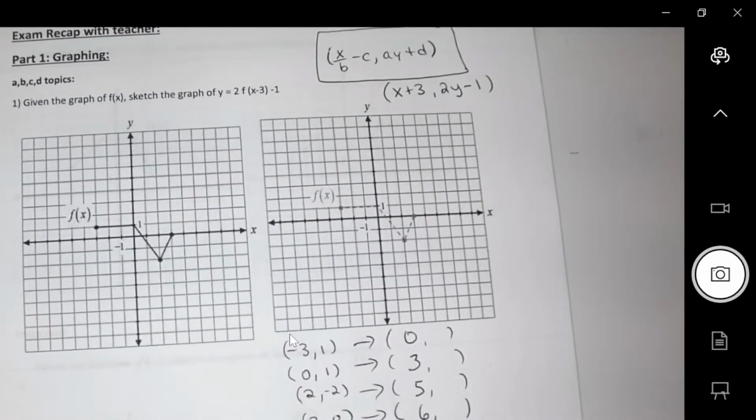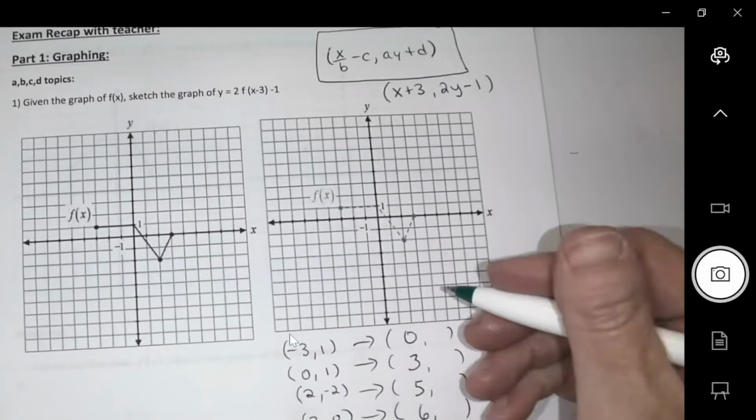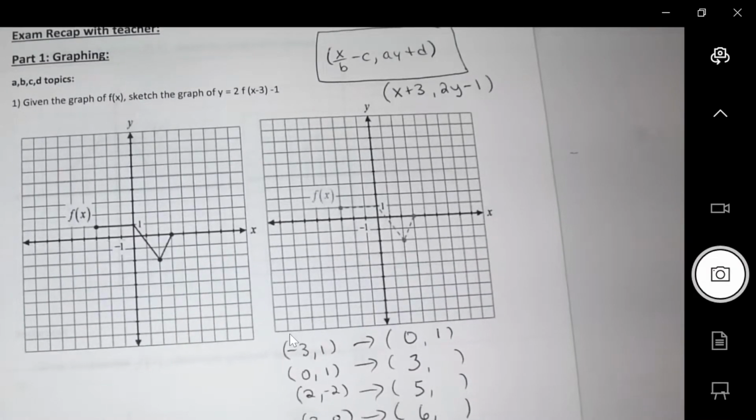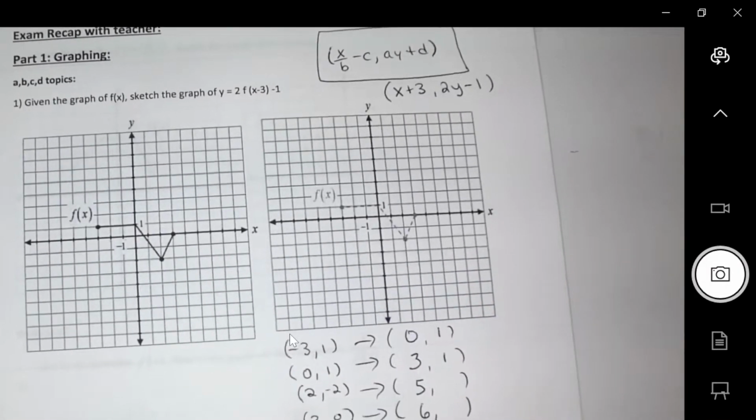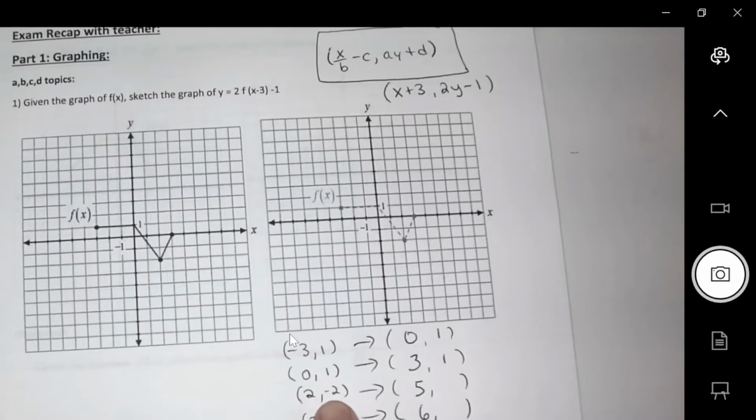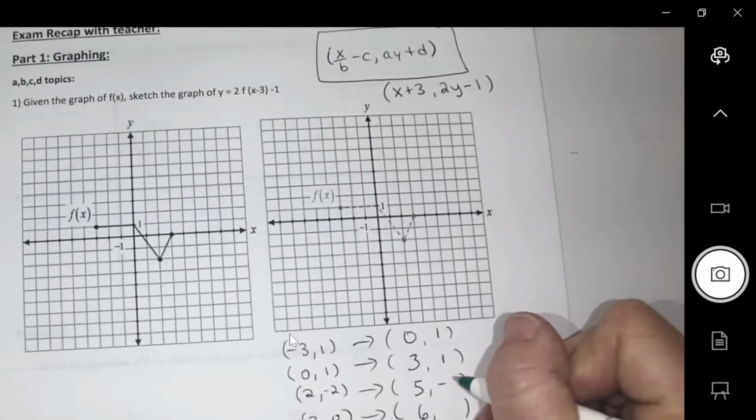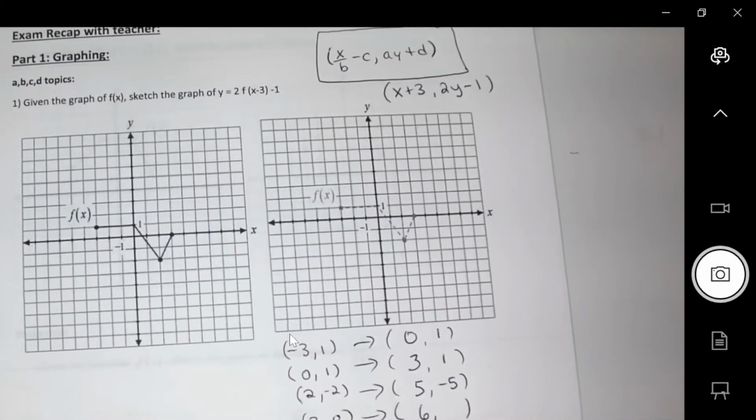Double the y minus 1. Doubled is 2. 2 minus 1. Okay, that'll also be the same. Double it is -4 minus 1. Doubled is 0 minus 1.